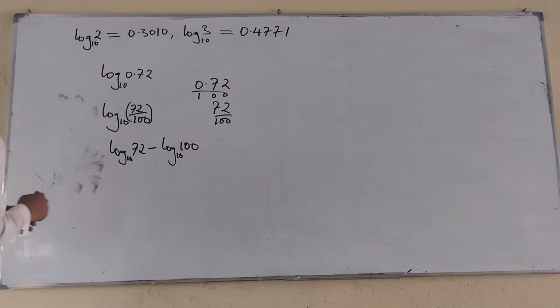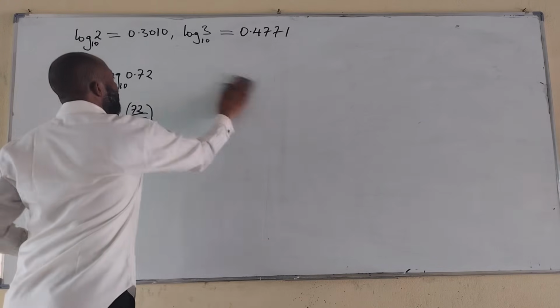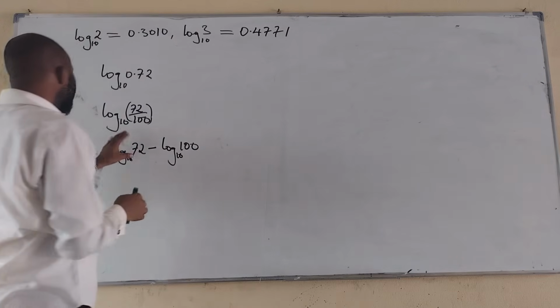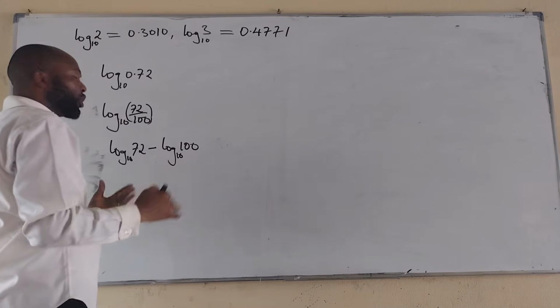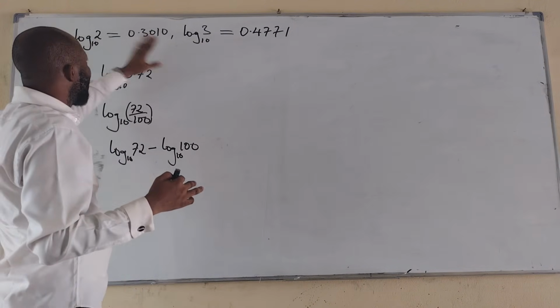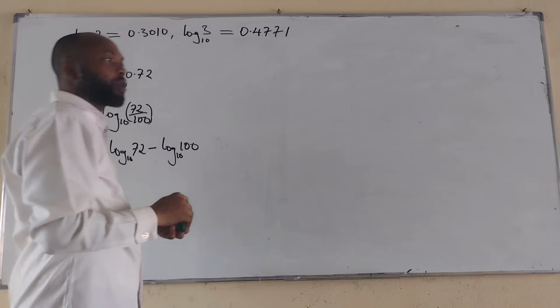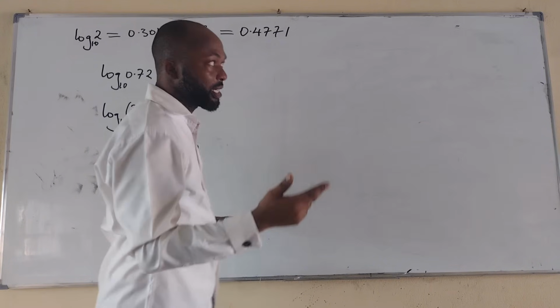So if that is true, I have to look for a way to break down this variable 72 into factors that I can use to get 2 and 3. You just have to go back to your lowest common multiple, LCM, like we did in solved.